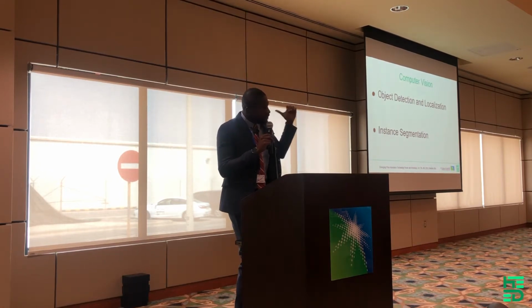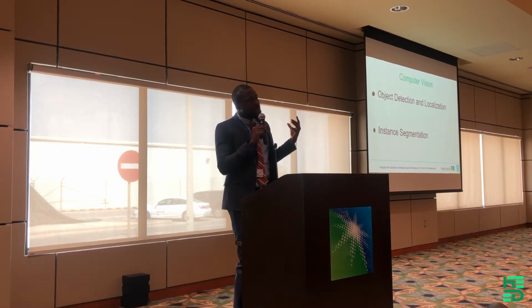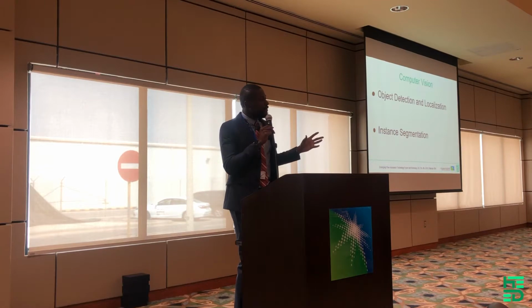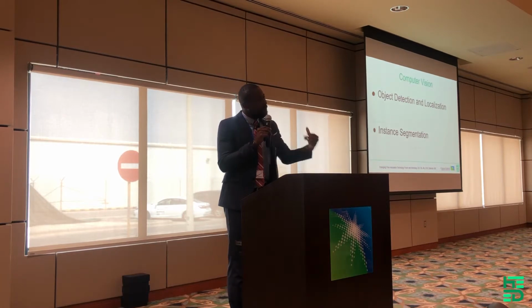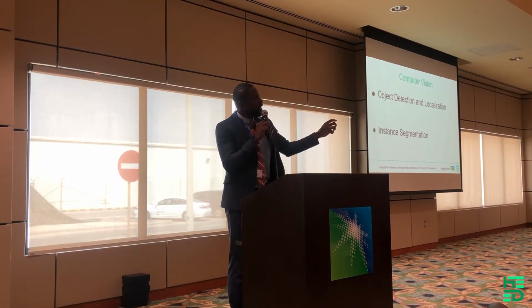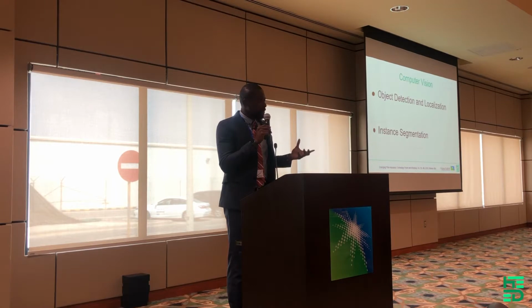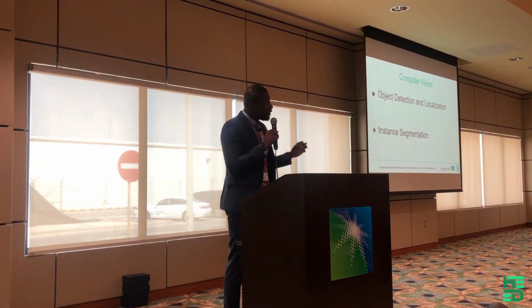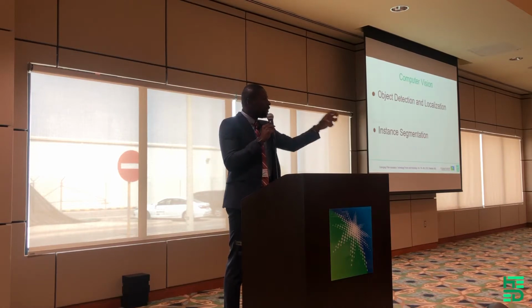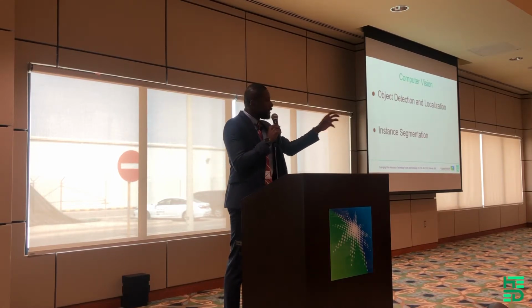Because what I really want to do is break it down. There's a layer above the other computer vision techniques I'm putting out here. In computer vision, the first step is always classification. Let's say I take a picture of everyone here. The classification will just say, this is a human. But for object detection, you can say there are 10 humans here. Object detection and localization is not just that there are 10 humans, but where they are in the picture.